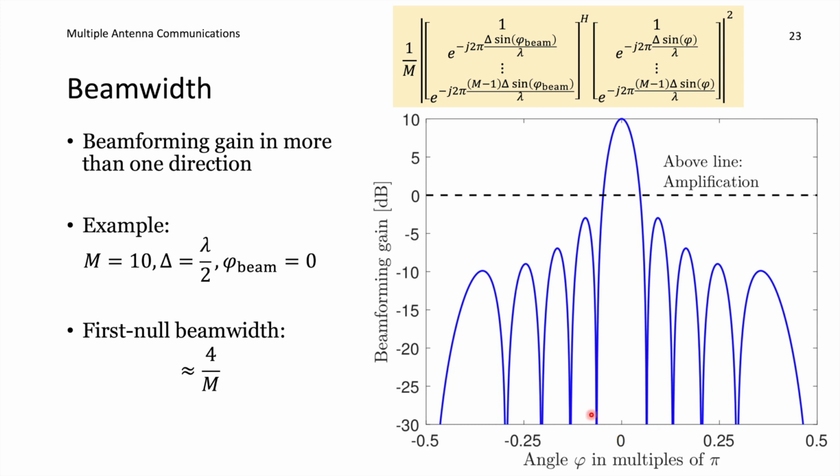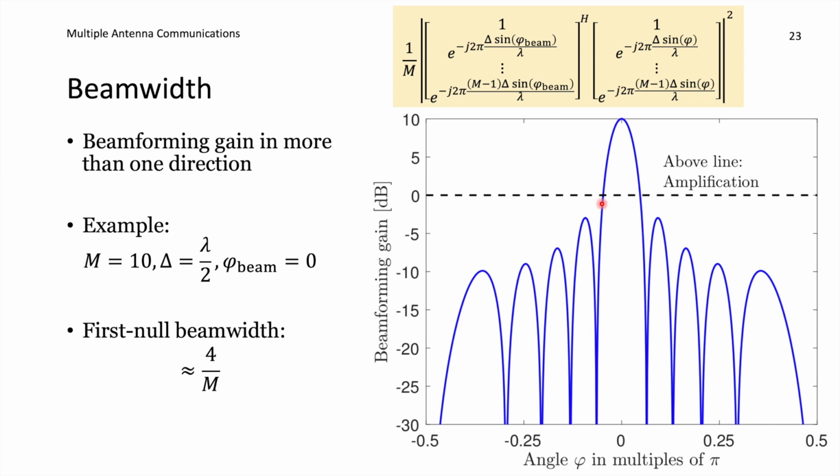In addition, there are some additional beams or lobes. So all of these things are called main beam or main lobe and side beams or side lobes. These side lobes are representing the leakage of interference in other directions, and that is unavoidable even if we are focusing the energy in one particular direction.